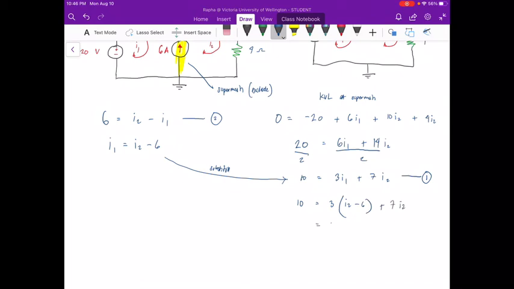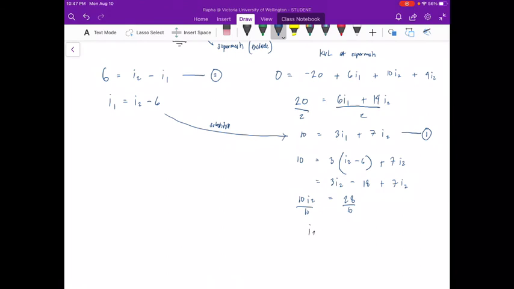We have 3I2 minus 3 times 6, so that's equal to 18, plus 7I2. So 3 plus 7, that becomes 10I2, and 10 plus 18 becomes 28. Divide both sides by 10, and we have I2 is equal to 2.8 amperes.